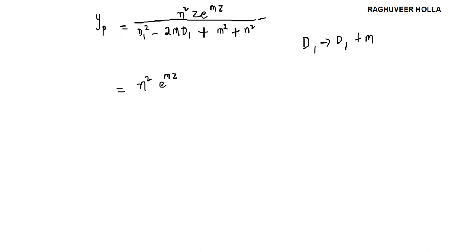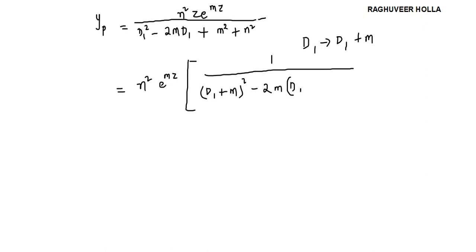So let us do the rest here. What we have is d1 plus m whole square minus 2m into d1 plus m, plus m square plus n square, close the brackets. So only z is left here, and you multiply it.